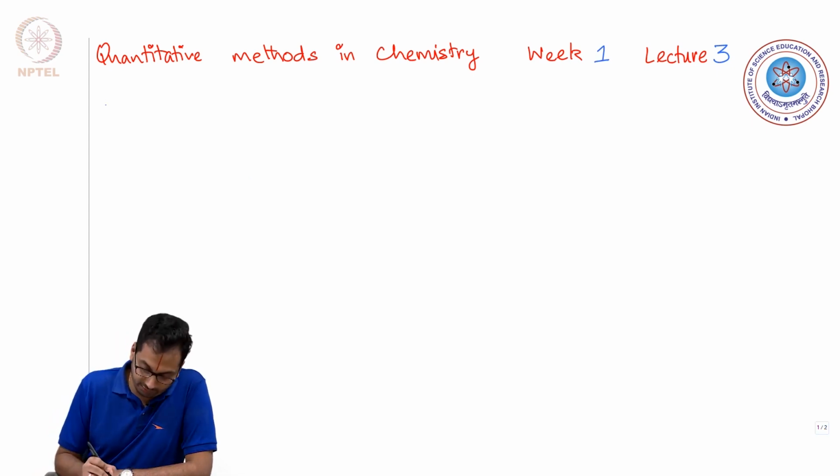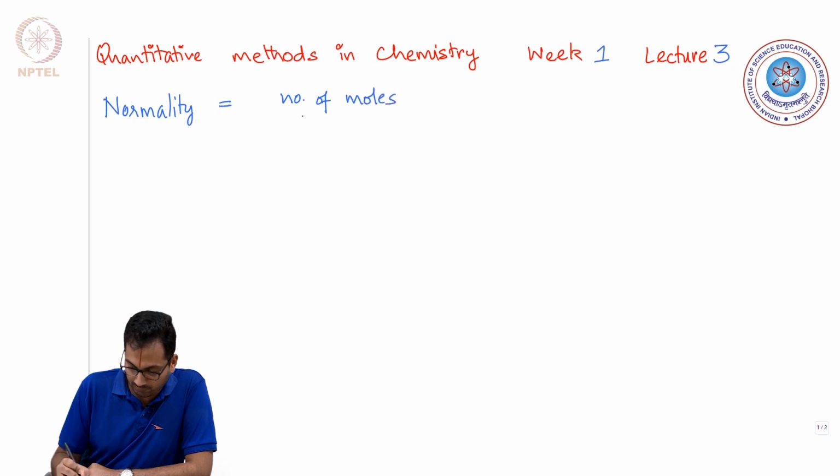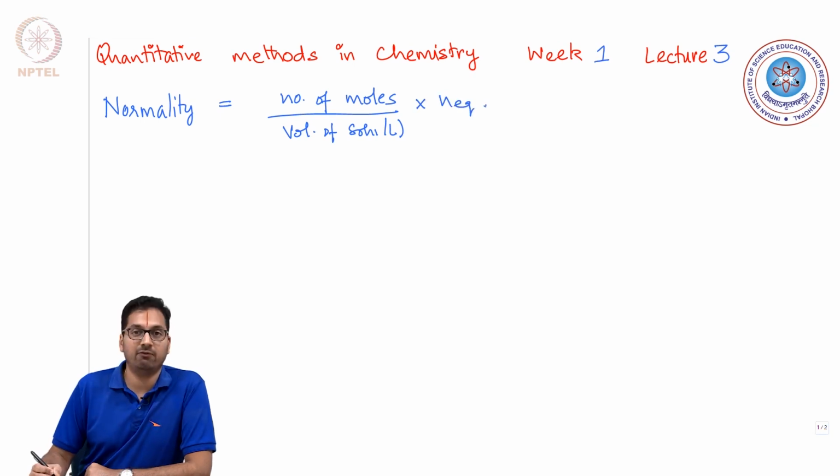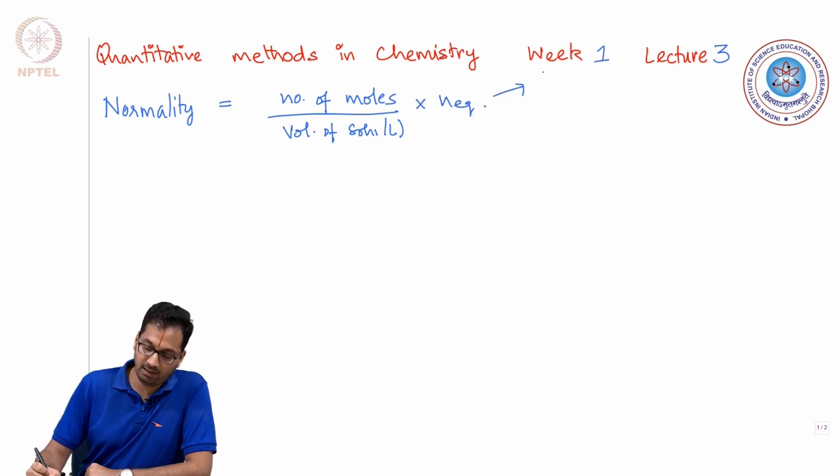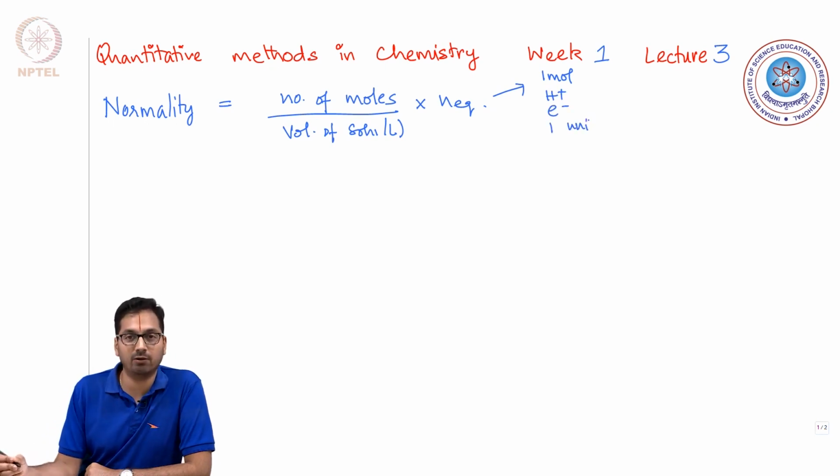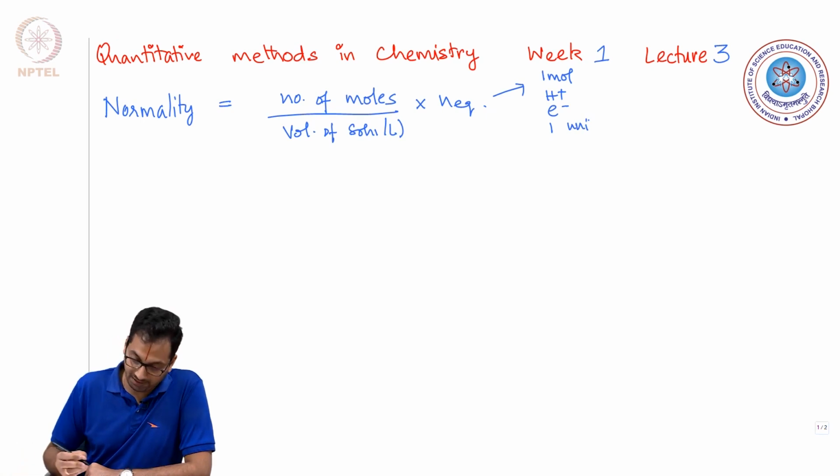Briefly overviewing what I did with normality last class: normality is defined by the number of moles present in a given volume of solution in liters, times the number of equivalents, where the number of equivalents is defined as that amount of substance of a chemical that furnishes 1 mole of H plus, or 1 for a univalent, 1 by 2 for a divalent, 1 by 3 for a trivalent, and so on.